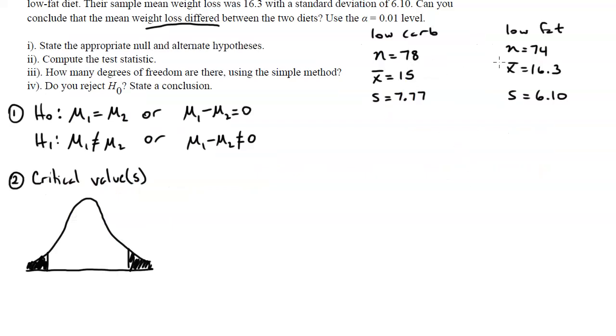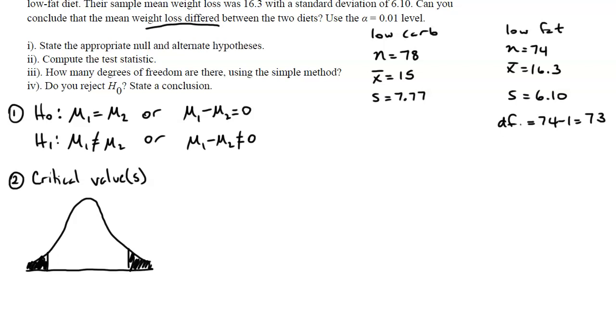Whichever one is smaller, so the degrees of freedom is going to be 74 minus 1, which is 73. Now this problem purposefully doesn't ask us to do that, but that's okay. So this degrees of freedom actually answers the third question, right?